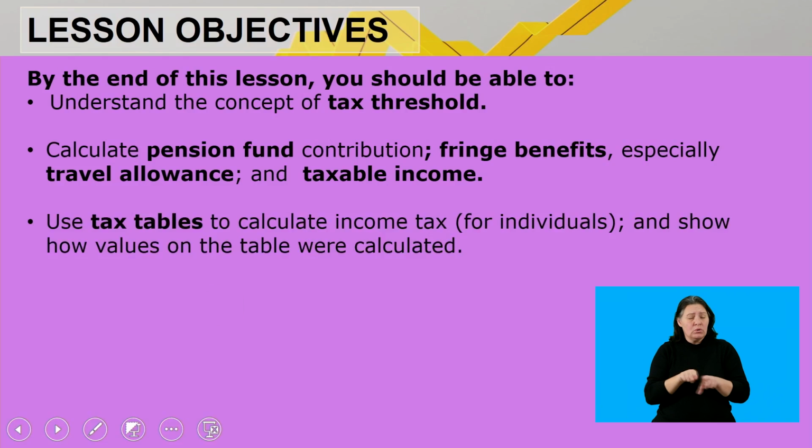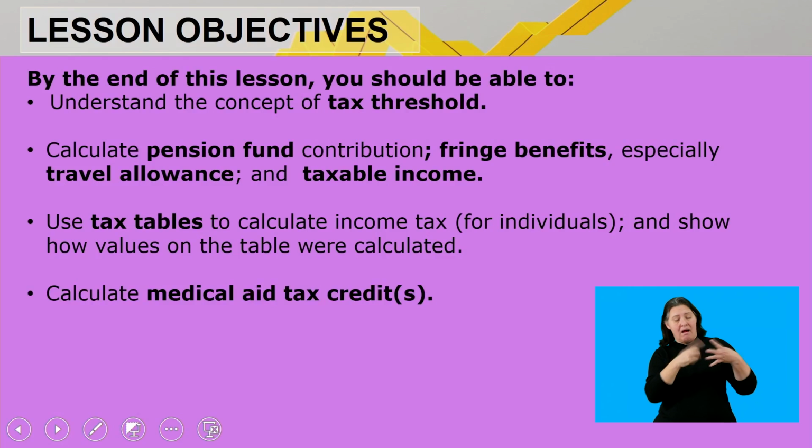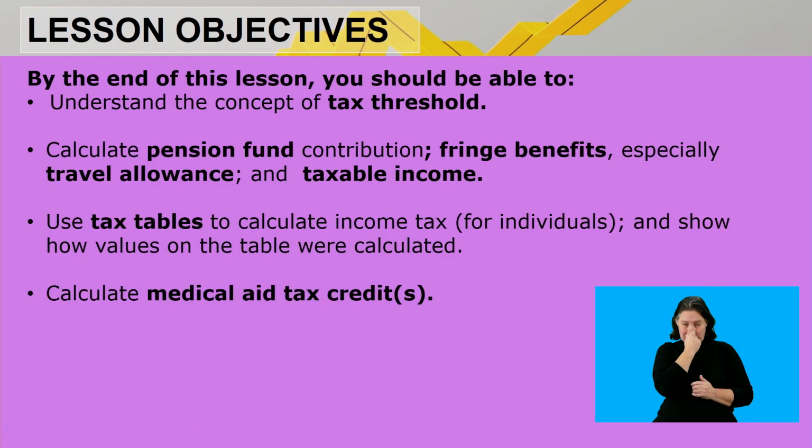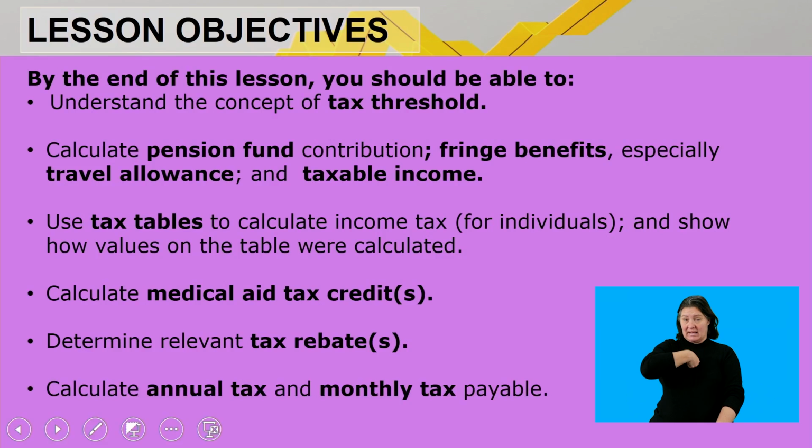You should also be able to use tax tables to calculate income tax for individuals, and show how the values on the table were calculated. Also important is that you must be able to calculate medical aid tax credits, determine relevant tax rebates, and also calculate annual tax as well as monthly tax payable.